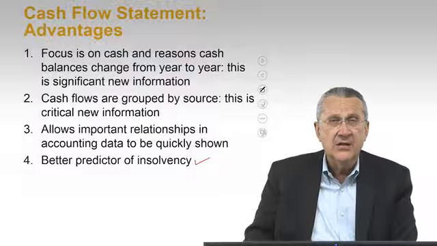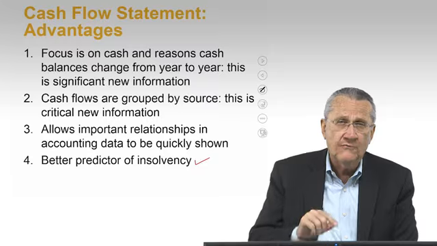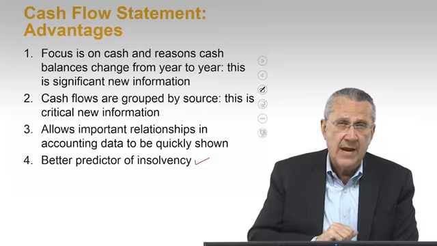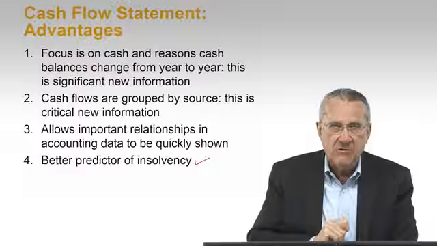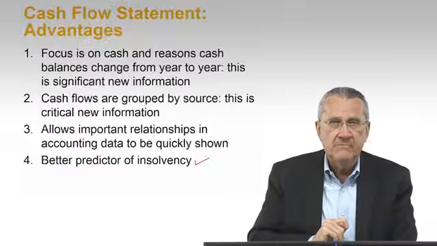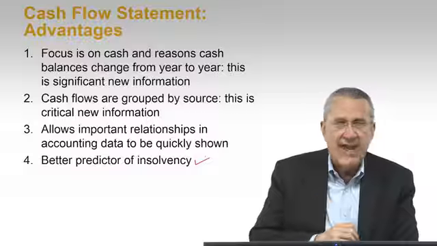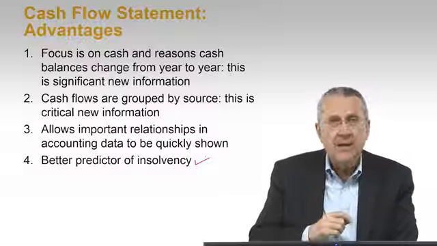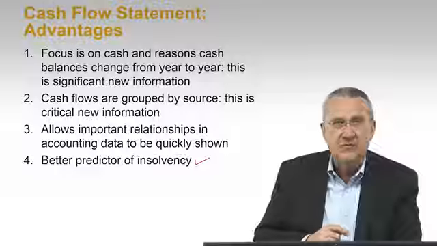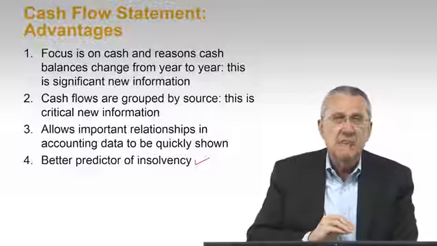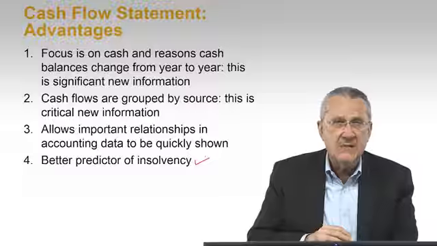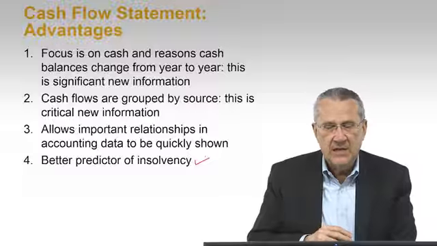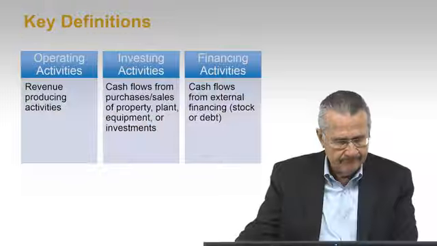In truth, you can sometimes get a 3 or a 4-year advanced warning that a business is entering a period of bad performance and poor cash flows by looking at the statement of cash flows. Without it, you may need several more years of data to be able to determine whether that's really true.